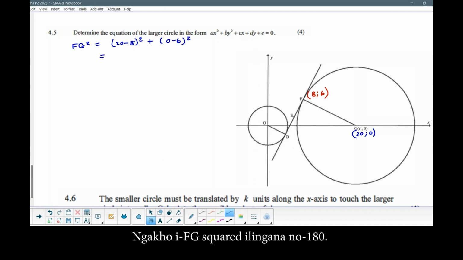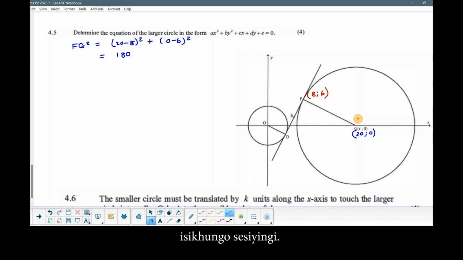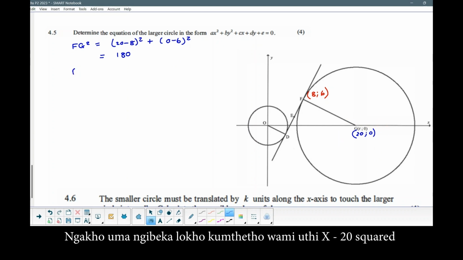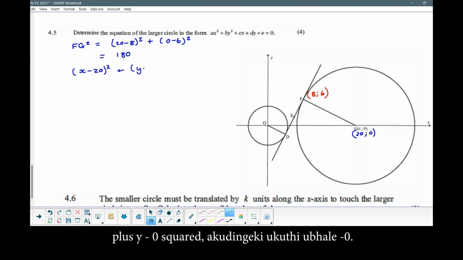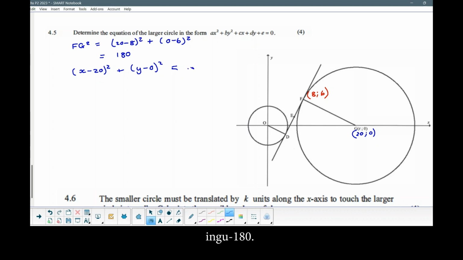So FG squared is equal to 180. Okay, so now I have the length of the radius squared, and I have the center of the circle. So if I put that into my equation, x minus 20 squared plus y minus 0 squared. You don't have to write the minus 0, I do it to make a point. And my radius squared is 180.